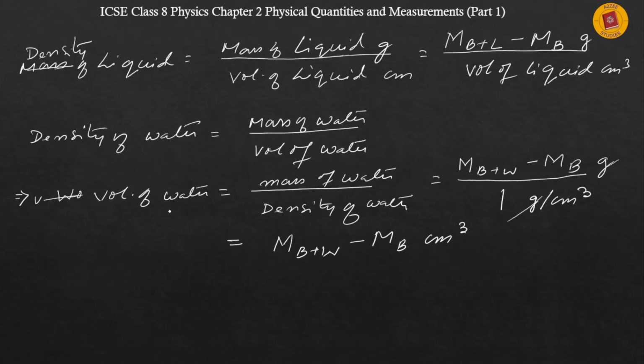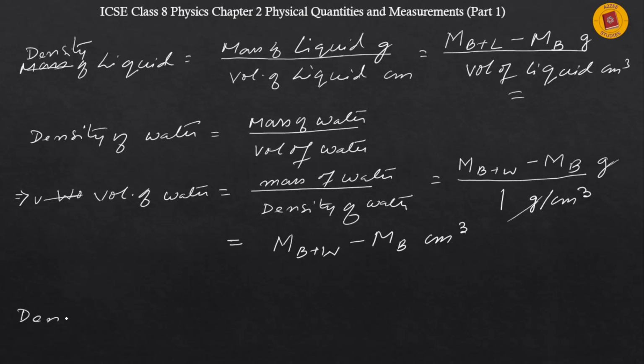But this volume of water is equal to the volume of liquid, because the capacity of the bottle, the density bottle, remains the same both in case of water and in liquid. So the volume of water is equal to volume of liquid. So volume of liquid can be written as this one. So we can substitute this value in this volume of liquid.